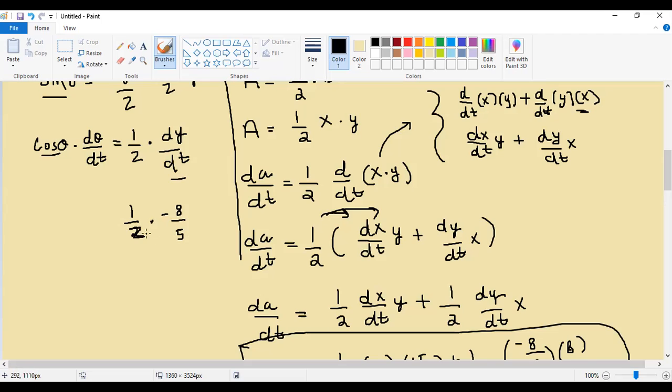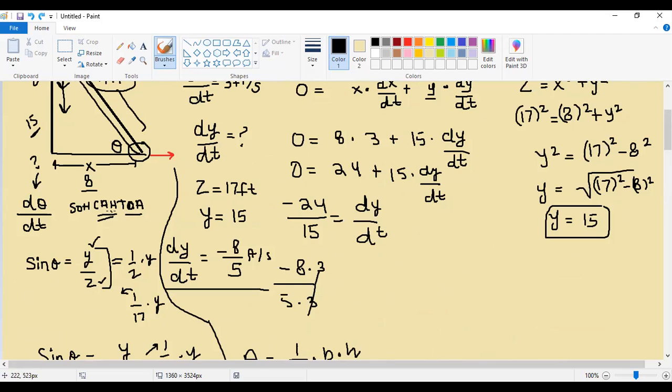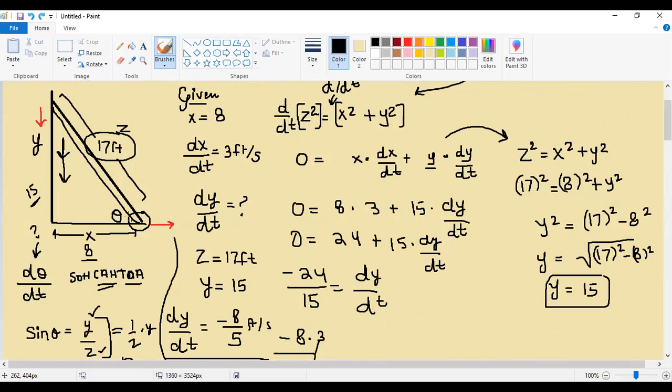And, you know, on the topic of z, we actually know what z is as well. So why don't we go ahead and plug in everything that we do know except d theta over dt to eventually solve for d theta over dt. We know that cosine theta is, in fact, going back to our SOHCAHTOA, the adjacent over the hypotenuse, and the adjacent is here over the hypotenuse, which is here.